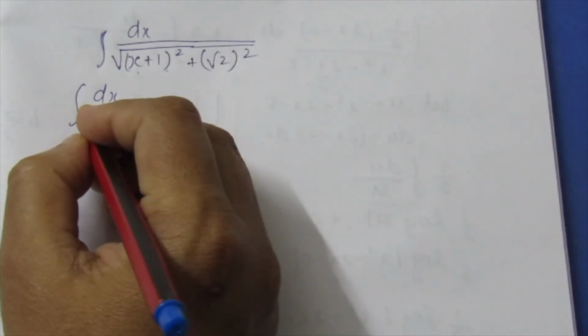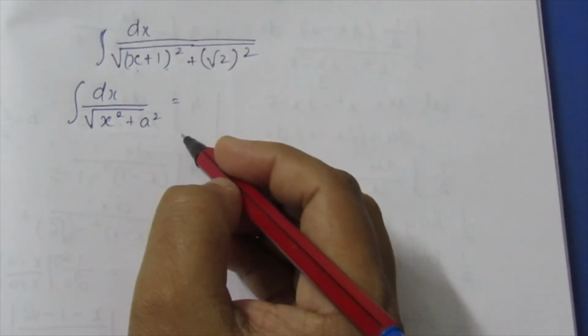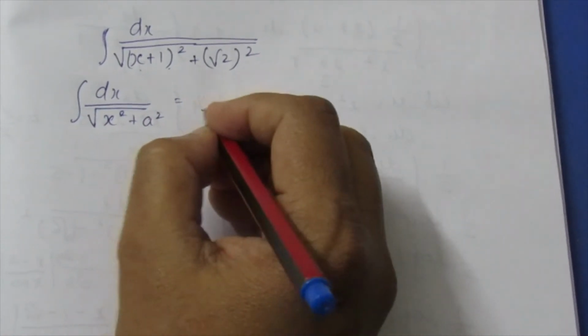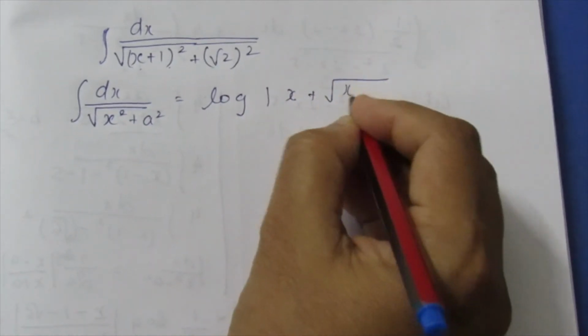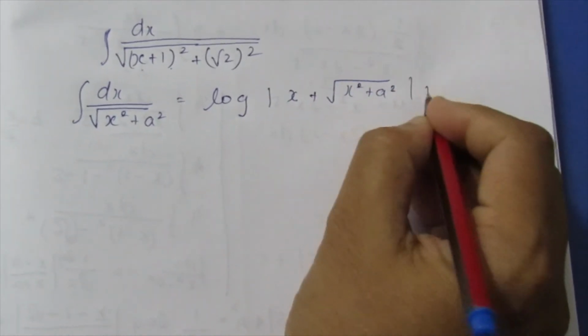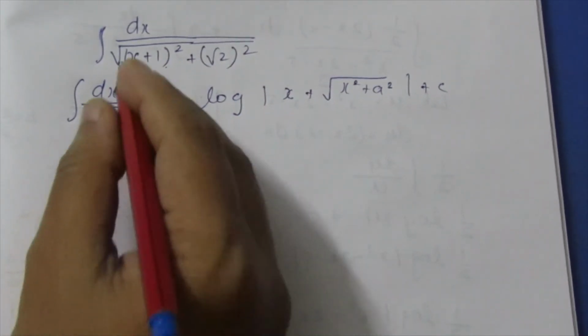This is in the form of dx by root of x square plus a square. So for root of x square plus a square, we have the formula log mod x plus root of x square plus a square plus c. Now we are going to apply this formula in the place of this.